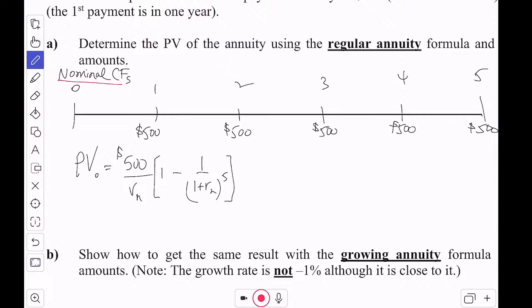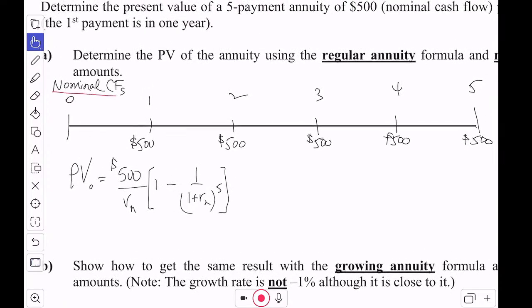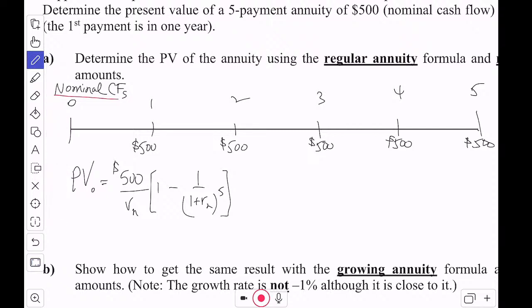I know that there's a relationship between the nominal rate and the real rate that looks like this, and this is a precise relationship.